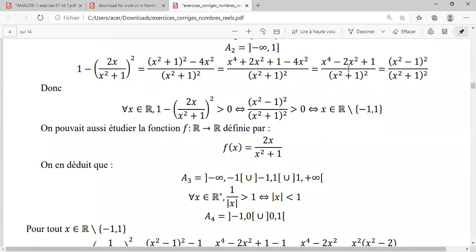Voila. We decompose this function. We're going to have x squared minus 1 to the power 2.